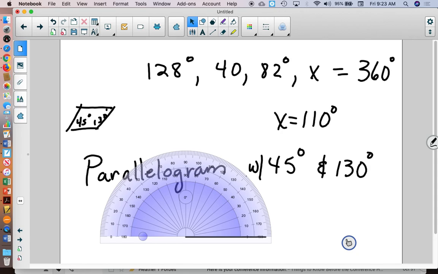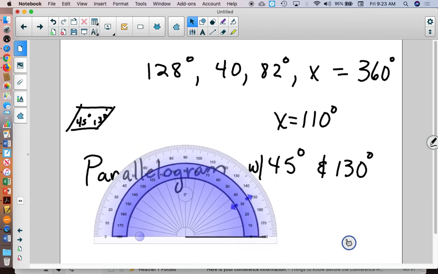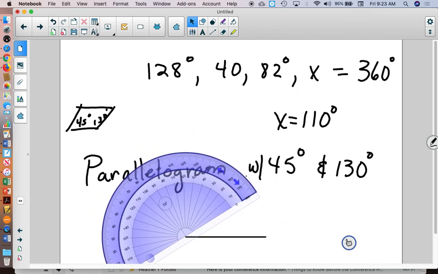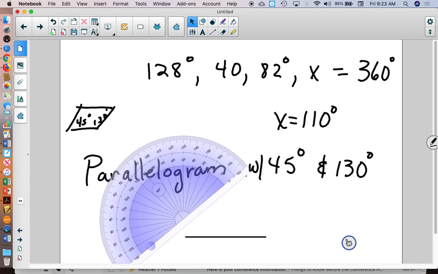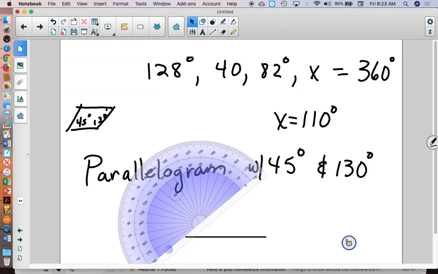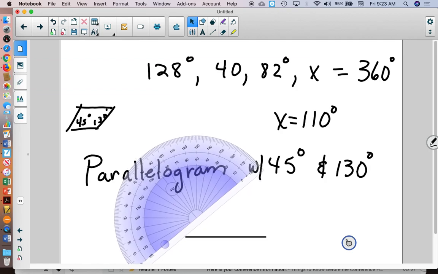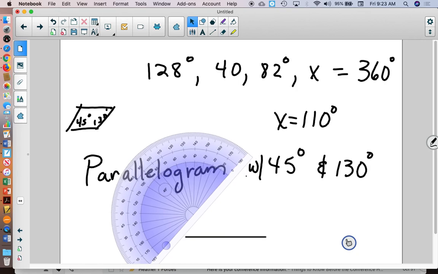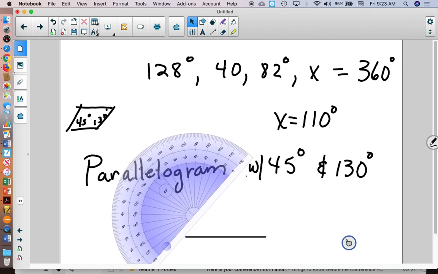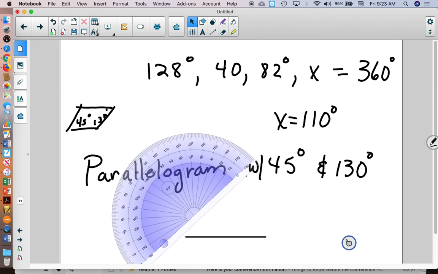So now if I go from that vertex, whoa, I don't want that. I can't get it to move things around. Honestly, I think it's much easier on paper than it is on this thing.